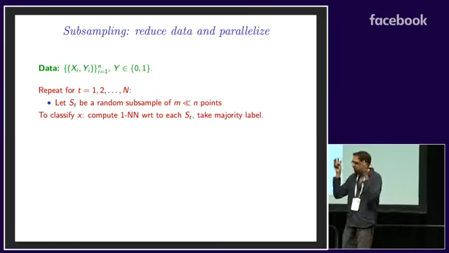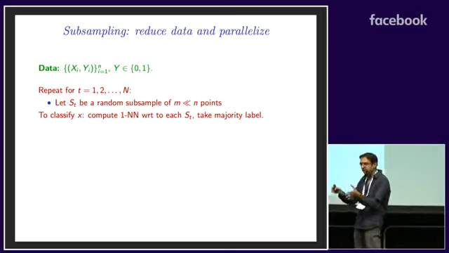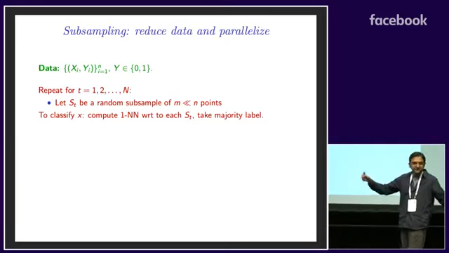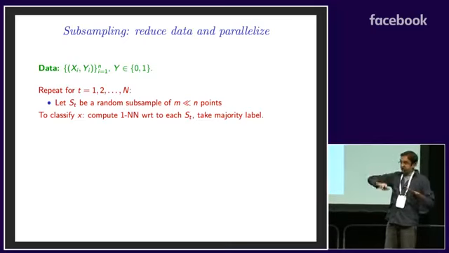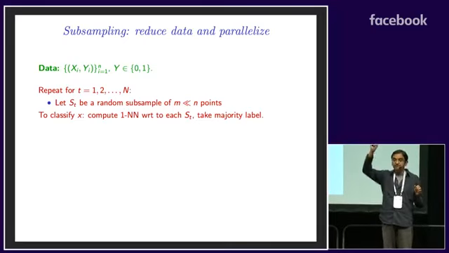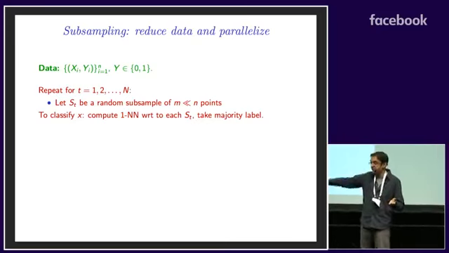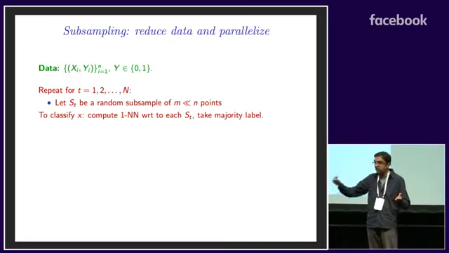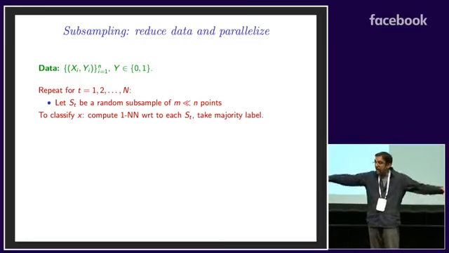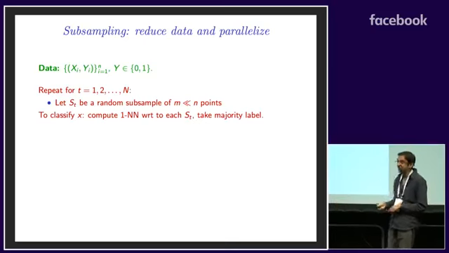Then you randomly pick 1/10 of the points again, and let's say you do this like 5 times. You can assign them to different processors if you like. And now when a new point arises, you just find its nearest neighbor in the first group, the nearest neighbor in the second group, the nearest neighbor in the third group, okay? Just the one nearest neighbor, and then you take the majority vote of those 5 groups.